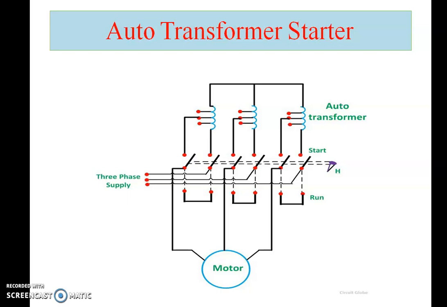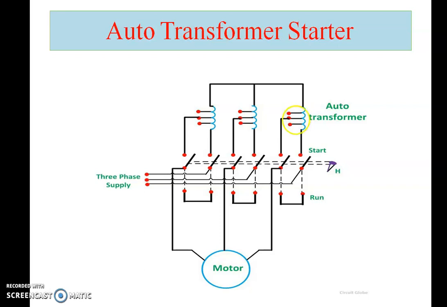Now for example, suppose I am applying only the 50% tappings. The meaning of 50% tapping is that, suppose 400 volt is the full voltage, then 50% of 400 volt is just 200.